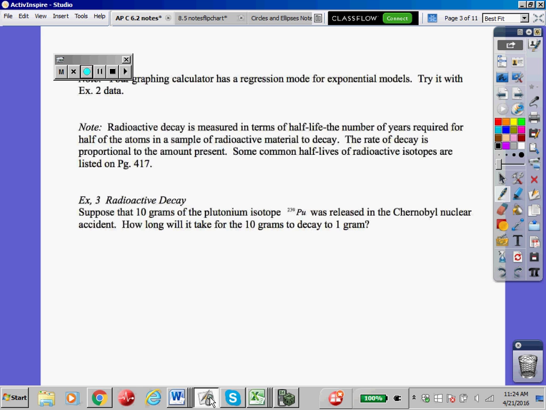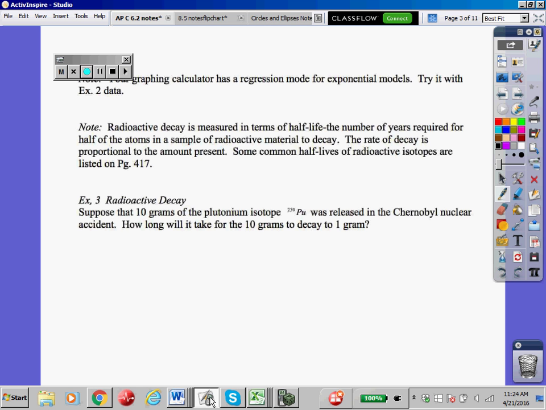And there's a note at the top of this page. It says, radioactive decay is measured in terms of half-life, the number of years required for half of the atoms in a sample of radioactive material to decay. The rate of decay is proportional to the amount present.